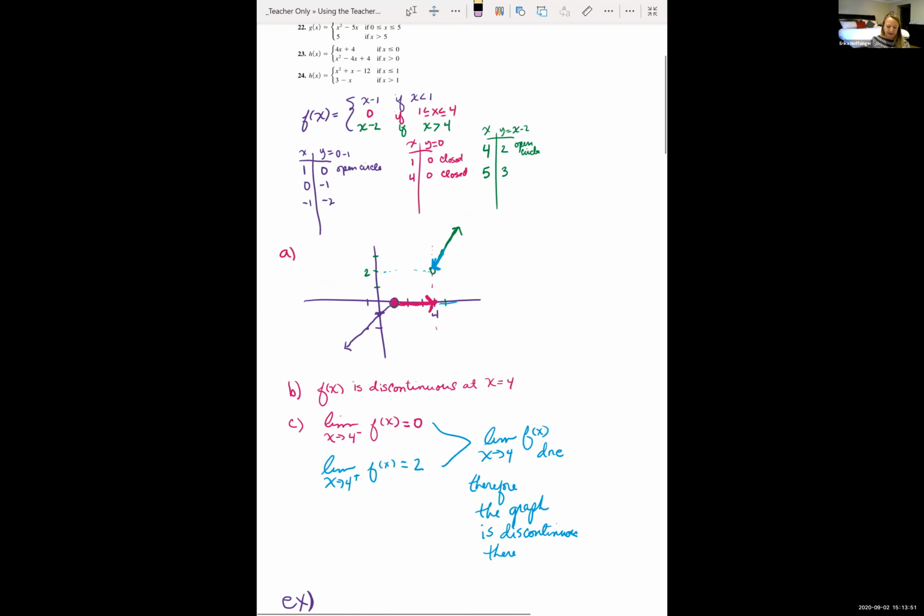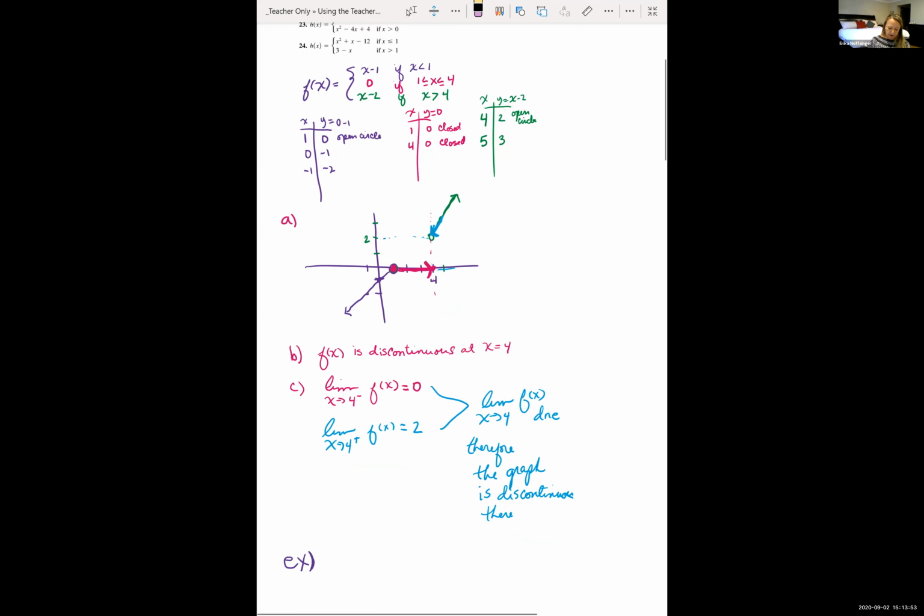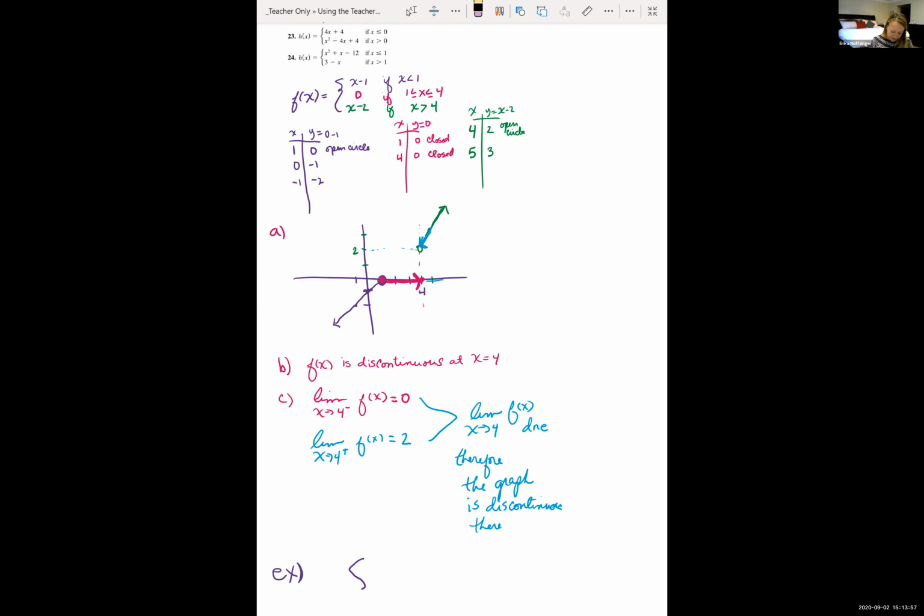Okay, so looking at, let's say, 25, we're given that h of x is equal to the piecewise function of 4x plus 4 if x is less than or equal to 0.